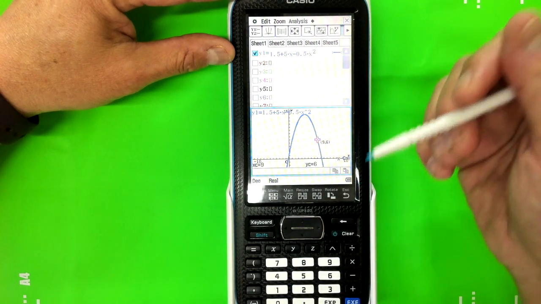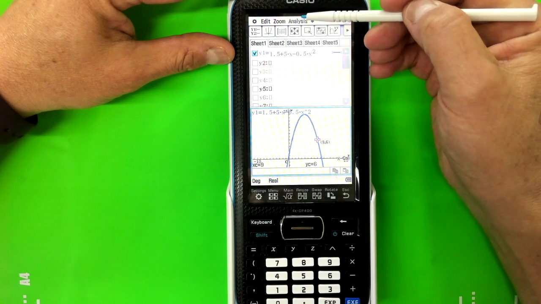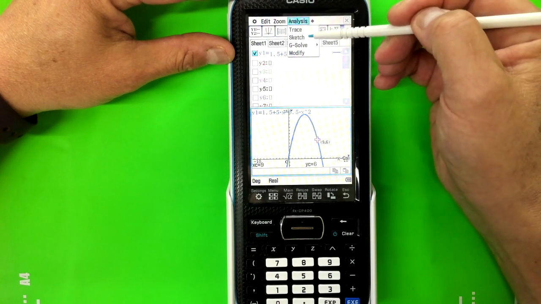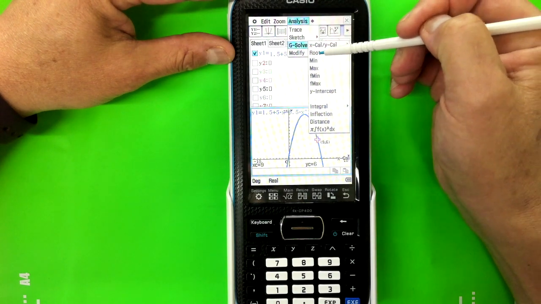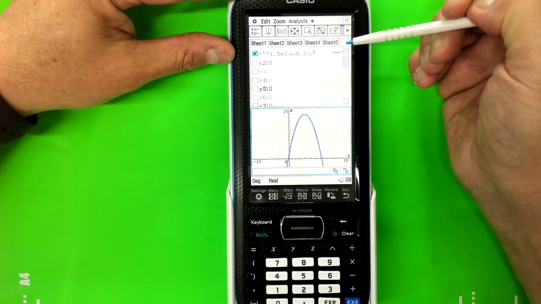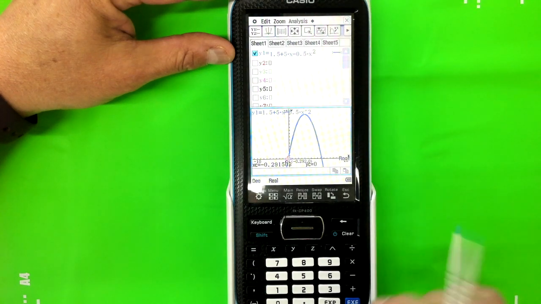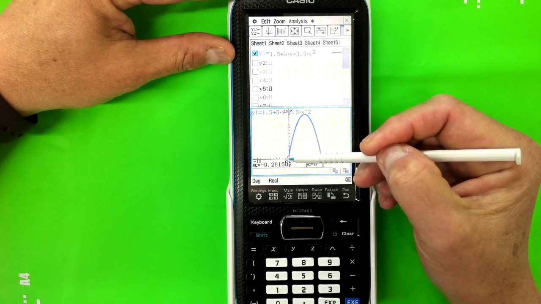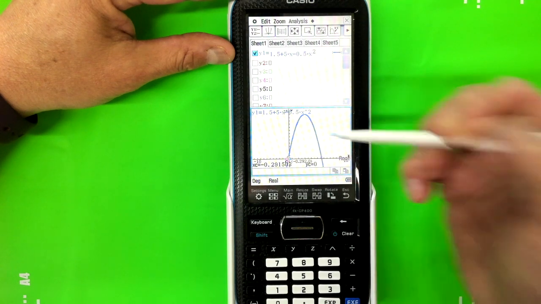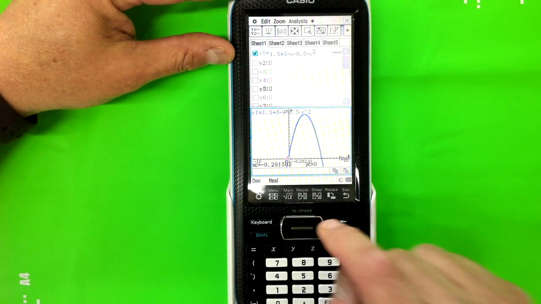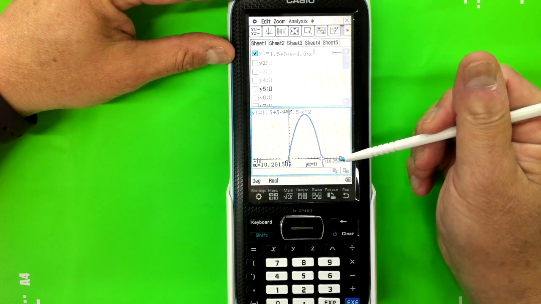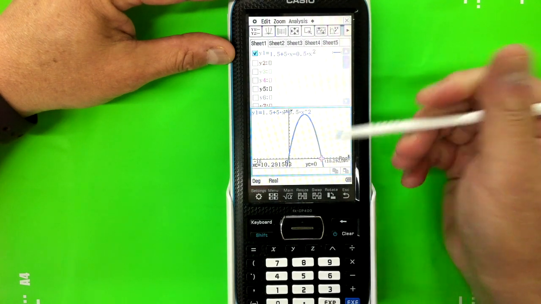It is solved. The next one, you need to find the roots. Again, G-Solve, Root. It will give you the two roots, x-intercepts minus 0.29, which we should reject, and also 10.29. This is what we'll accept.